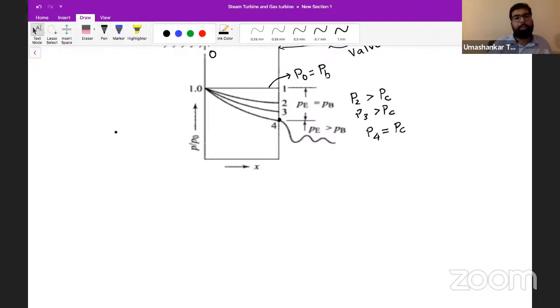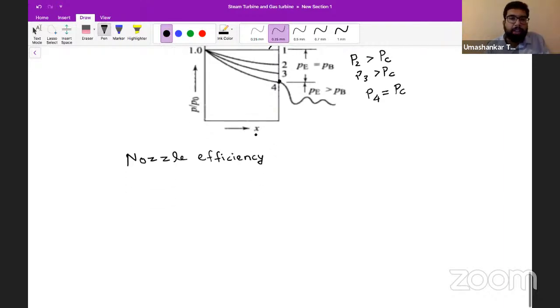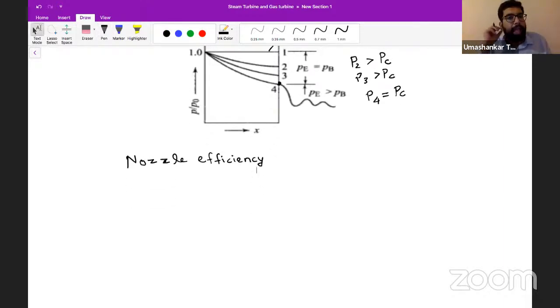So let me move a little forward with the nozzle efficiency. Why are we using this term? Because we have considered the flow inside the nozzle as isentropic, but in actual, there is friction inside the nozzle.